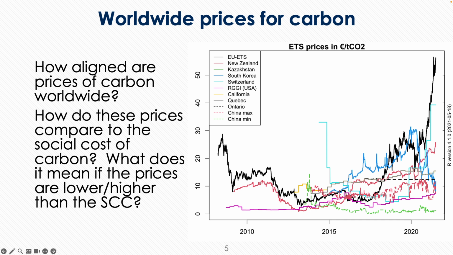First question, how aligned are the prices of carbon worldwide when we think about the value of the tax? And you can see it's pretty big, right? Anywhere between 0, a lot of countries don't have any, so less than 5, I would say, to above 50.